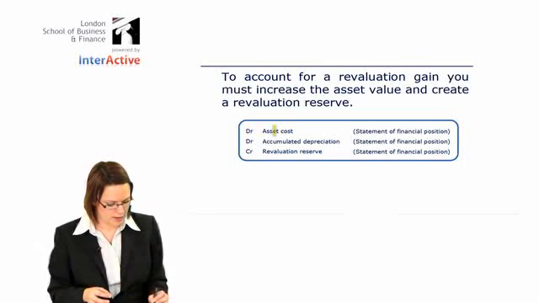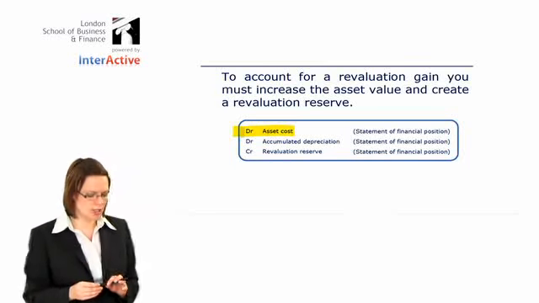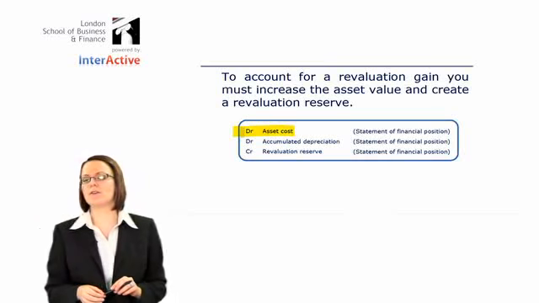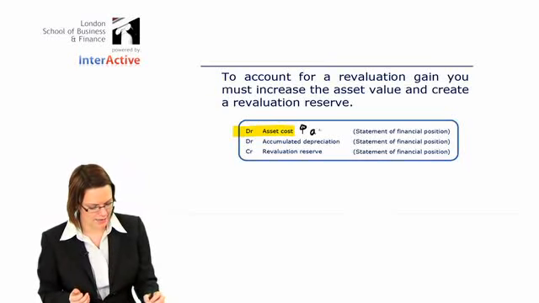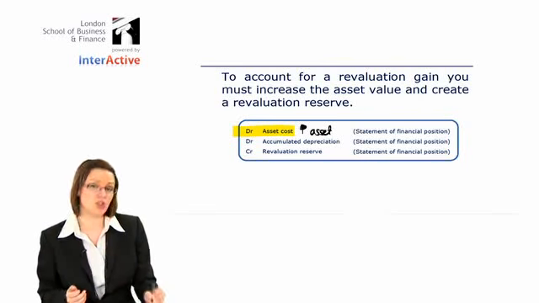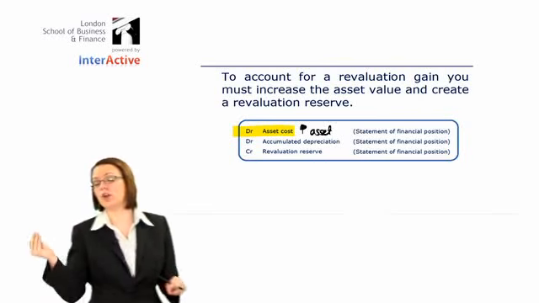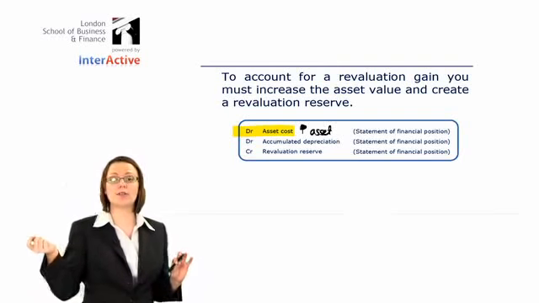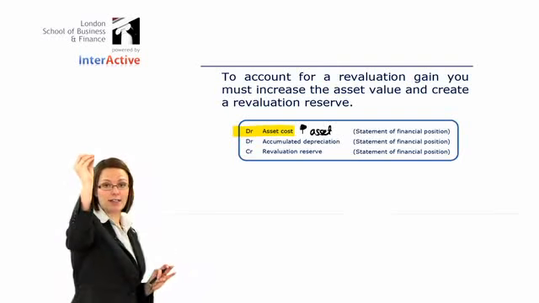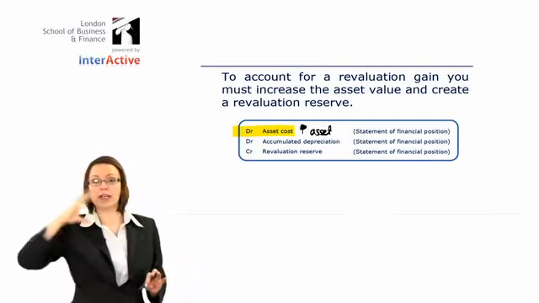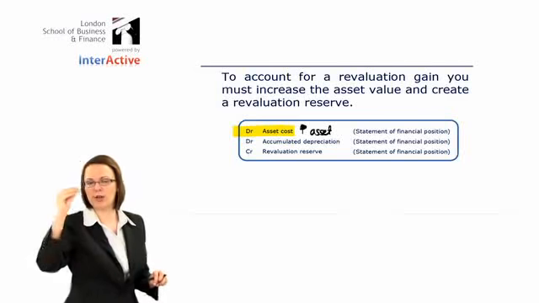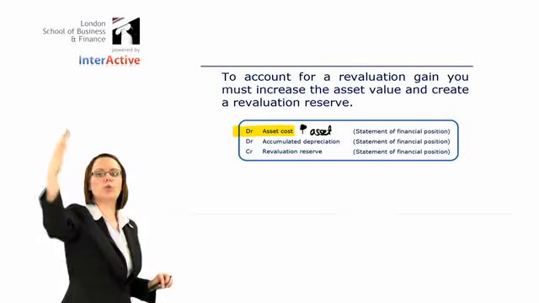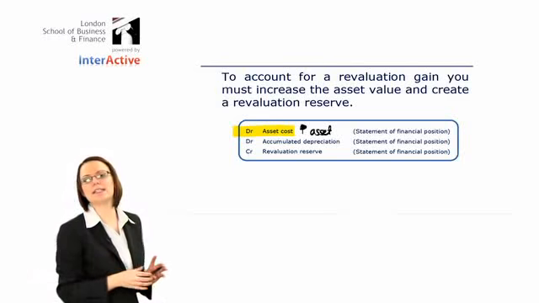So we are going to debit the asset cost account in the statement of financial position to increase that asset value upwards. Now, if you've got an asset that cost 3,000 and you want it to be 30,000, well, then what you need to do is debit it with the difference between what you've already got sat there and what you want it to be. So 27.